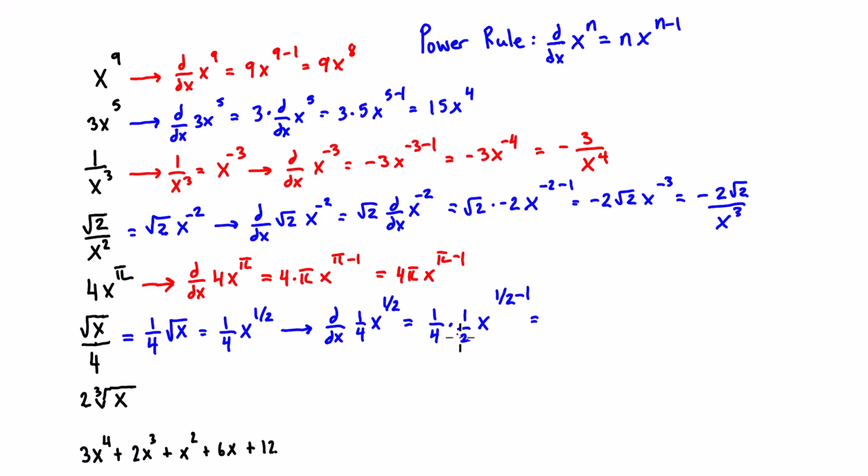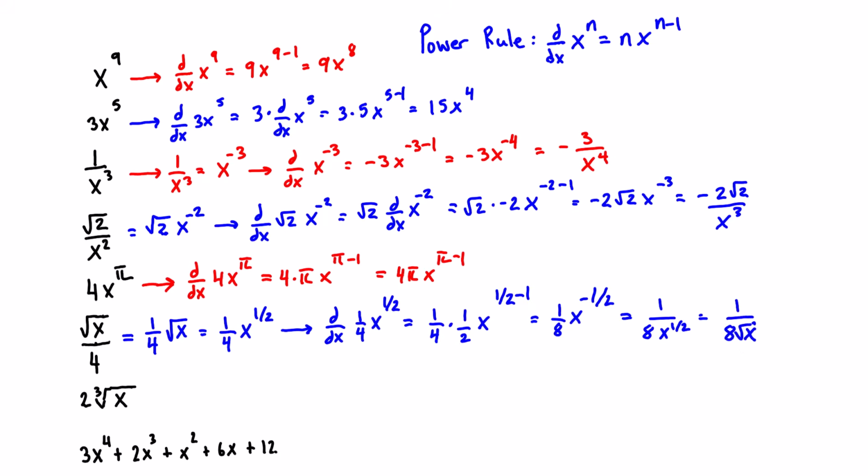Now, the constant out front, 1/4 times 1/2 is equal to 1/8, and 1/2 minus 1 is actually negative half, so negative 1/2. So this simplifies to 1 over 8 times x to the negative half, which is also the same thing as 1 over 8 times root x.